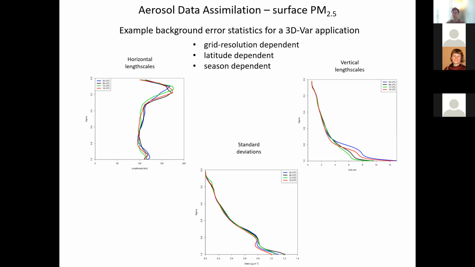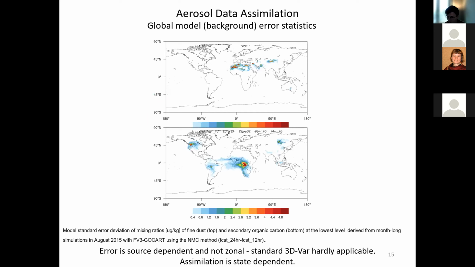Next slide. So this was for PM2.5 for a regional model. But if we go to the global model and look at this, I should say that in the previous slide it was assumed that the scales would normally vary in latitude, would vary zonally, and would not differ significantly in space.